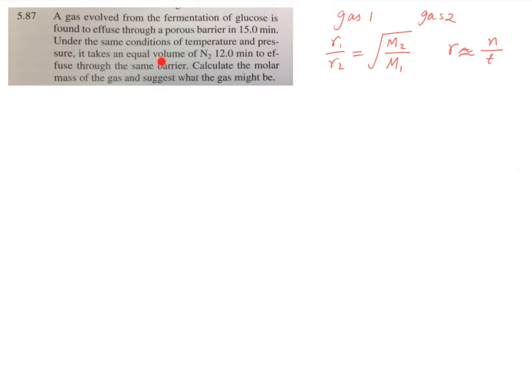It takes an equal volume of nitrogen gas 12.0 minutes to effuse through the same barrier. Everything is the same, but the effusion time is different: 15 minutes for the unknown gas, 12 minutes for nitrogen. Calculate the molar mass of the gas and suggest what the gas might be.